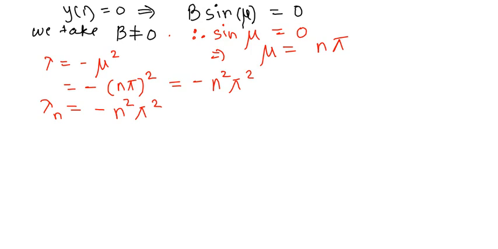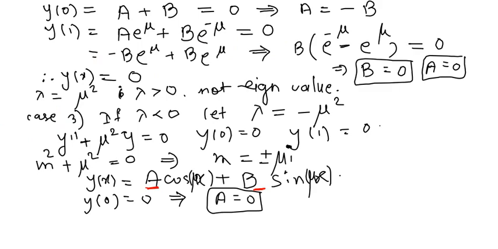So these are the eigenvalues, and the corresponding eigenfunctions are, what will be the eigenfunctions? So a is already 0. So y of x will look like what? B into sine mu x.